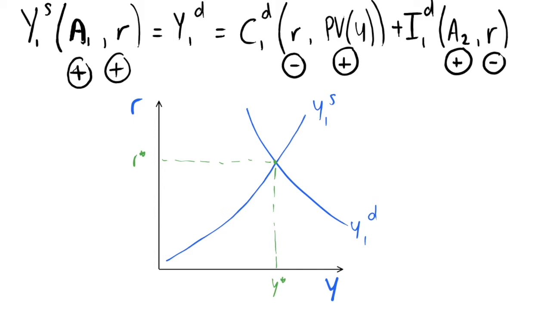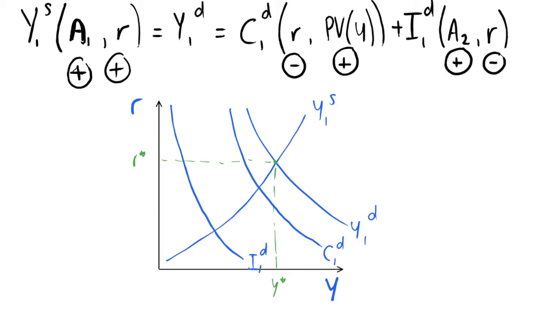So this demand curve depends on our investment curve, which is over here, investment demand in period 1, and it also depends on our consumption function, which we'll draw something like this.